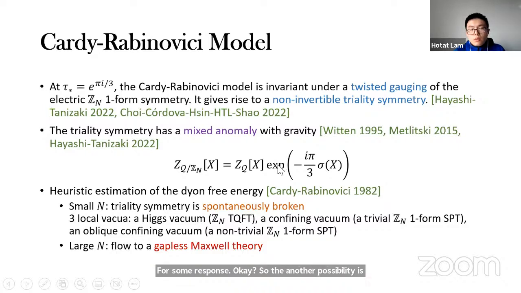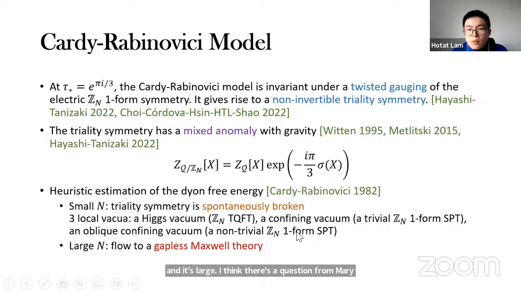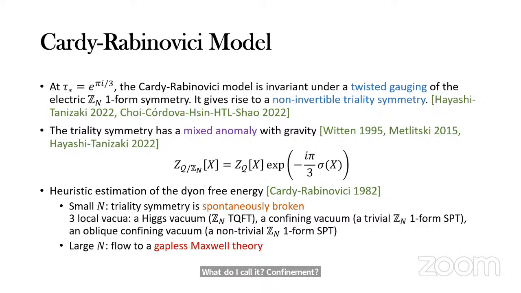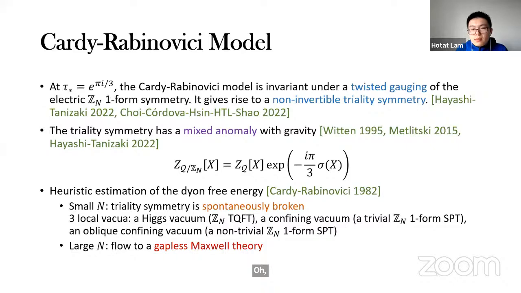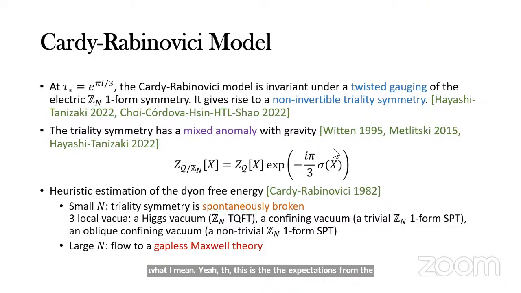When n is large, I think there's a question from Maddie. Yeah, why do you call it confinement? Why do I call it confinement? There's no confinement in this model. Oh, yeah. So I call it confinement just in the colloquial sense that the magnetic monopole condenses. That's all I mean. This is the expectation from the dyon free energy calculations. But there's no confinement here.